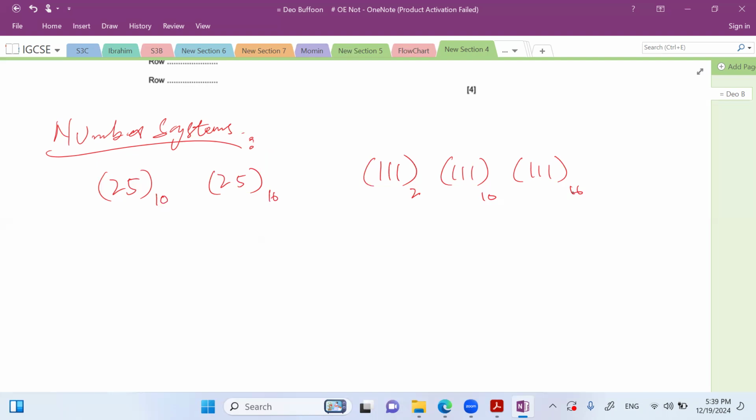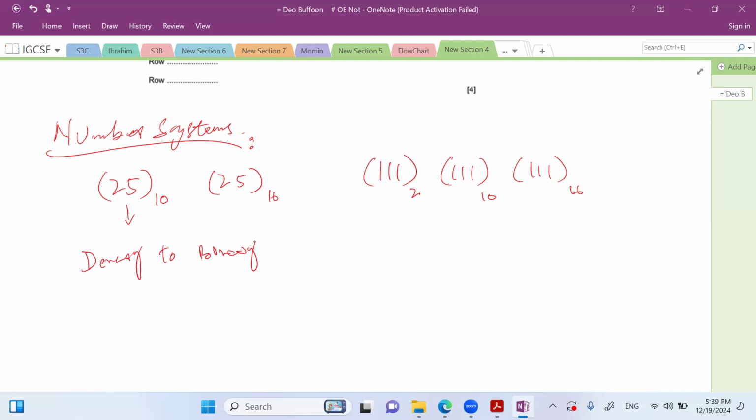Now, if I ask you to change this particular number 25, as this is a denary number, to binary, what is your option, how would you do it?